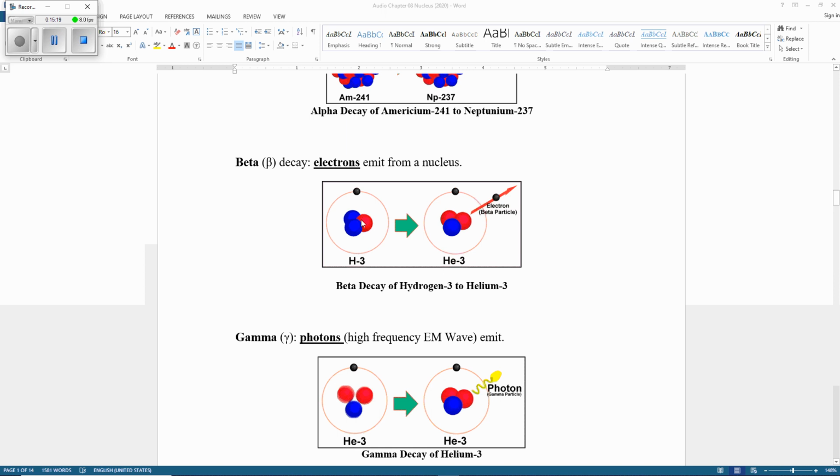Under certain conditions, one neutron switches to a proton. See what happens? Now you have two protons, and at the same time, an electron comes out. So simply speaking, beta decay will give off electrons. Beta particles are electrons. We call them beta particles because they come from inside the nucleus.